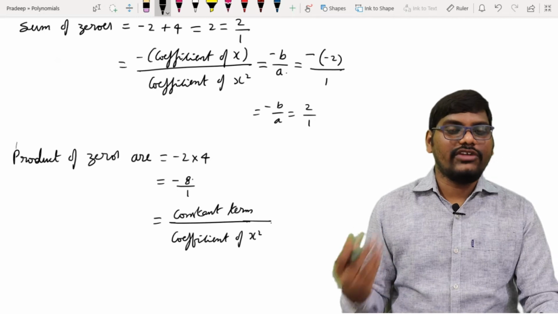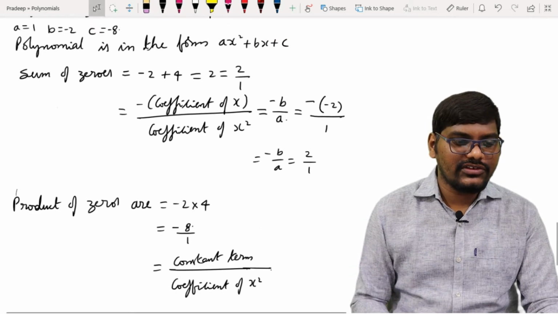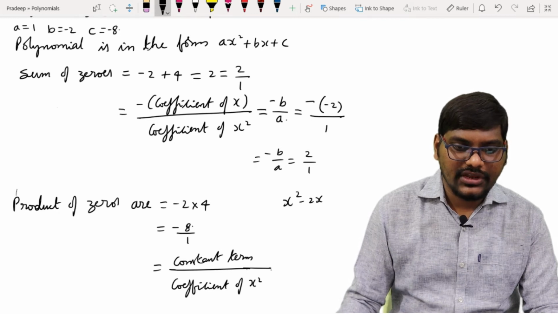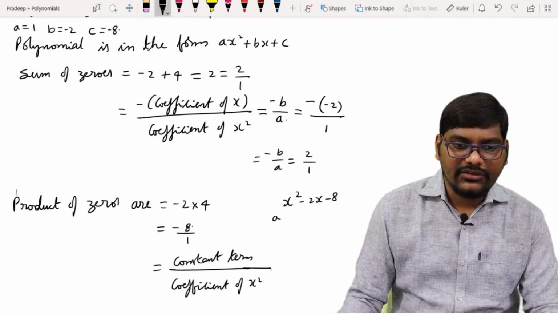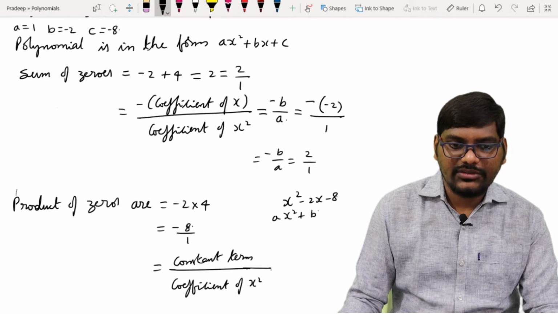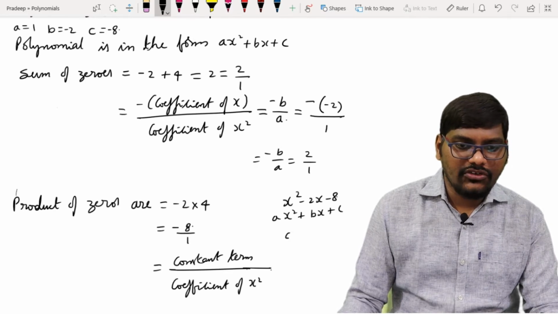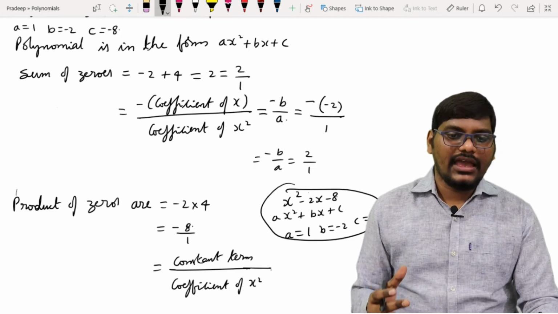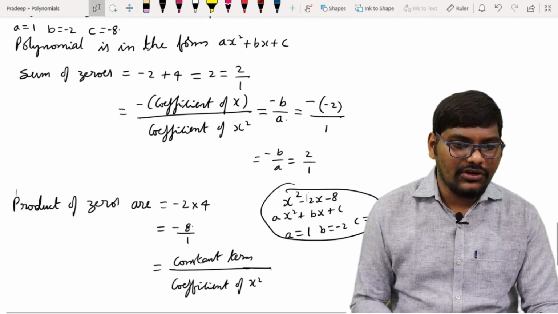For the given equation, x square minus 2x minus 8 is the equation. If we compare with the general equation ax square plus bx plus c, we can observe a is 1, b is minus 2, and c is minus 8, right? We'll just use all these three values and apply them over here.